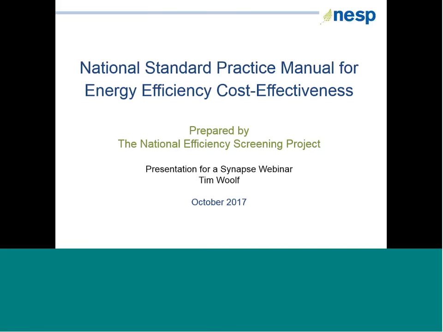Today's topic, though, will be Tim Wolf talking about the National Standard Practice Manual for Energy Efficiency Cost Effectiveness. Utilities have been offering efficiency programs for several decades, and as long as they've been offering programs, there's been an issue of how do you figure out what to do, what's cost effective, what's good, what's bad, what's too expensive, and so on.